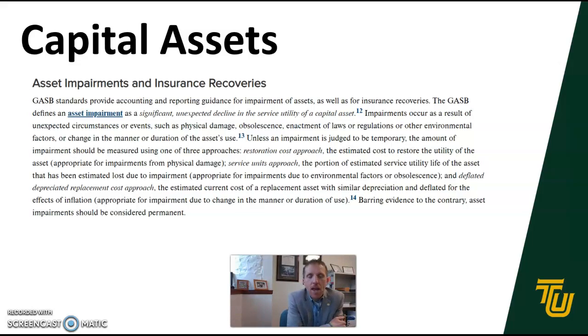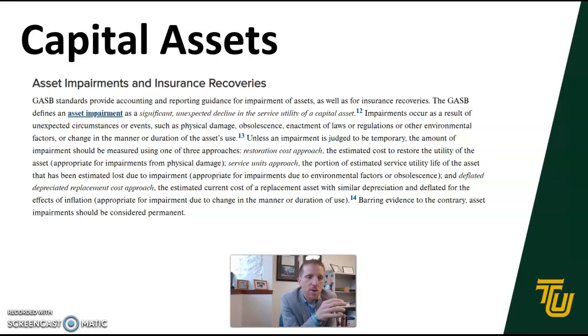So asset impairment here in GASB is a similar definition, similar aspect that we would see in financial accounting or FASB. As the book says, the GASB defines an asset impairment as a significant unexpected decline in the service utility of a capital asset.